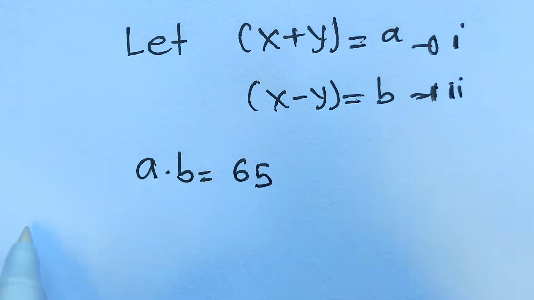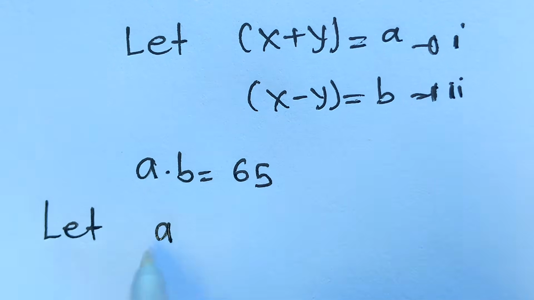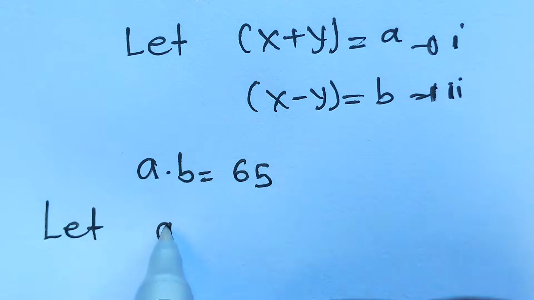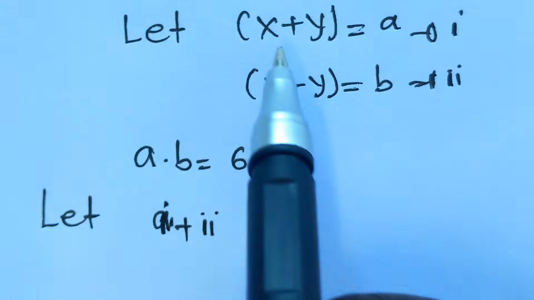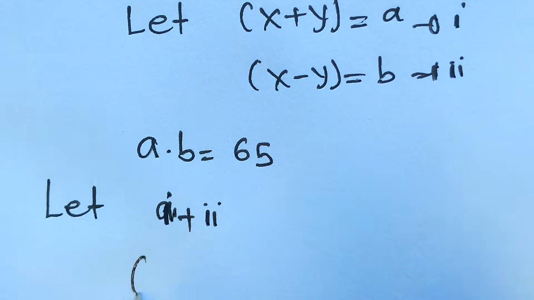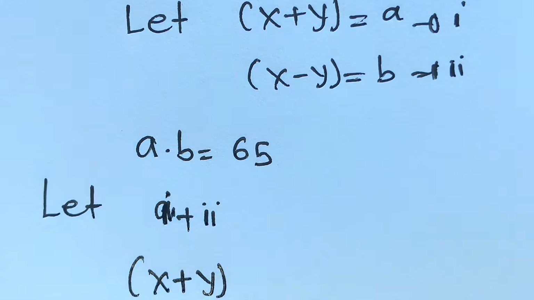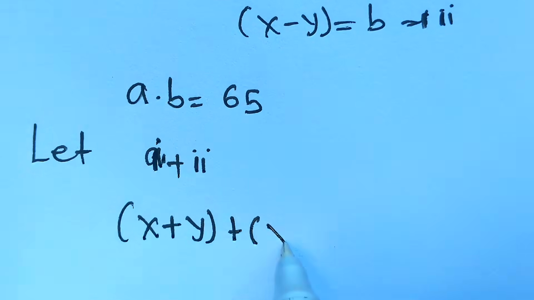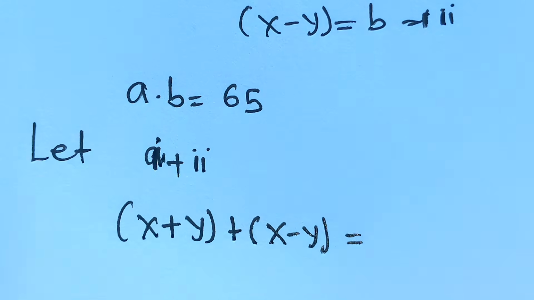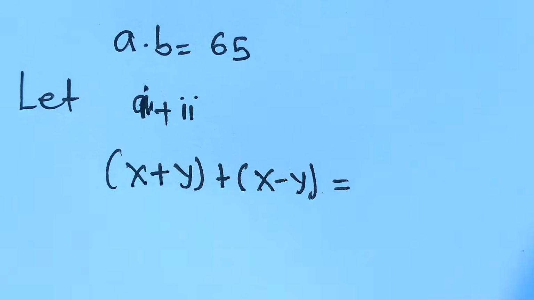Now we take equation 1 plus equation 2. We have equation 1, x plus y, plus equation 2, x minus y, which is equal to a plus b.